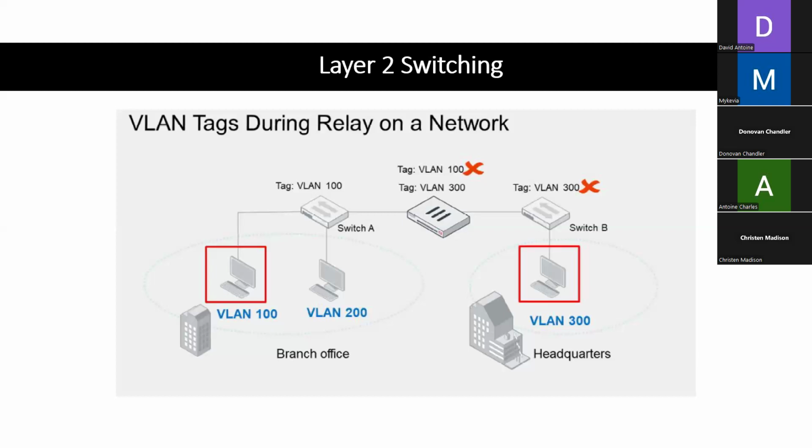Switch B looks it up. He says, I see what this MAC address is. It's this host that's on VLAN 300. Let me send it down. And that's how VLAN tags operate during relay on a network. Does that make sense? Okay. Staying with me?